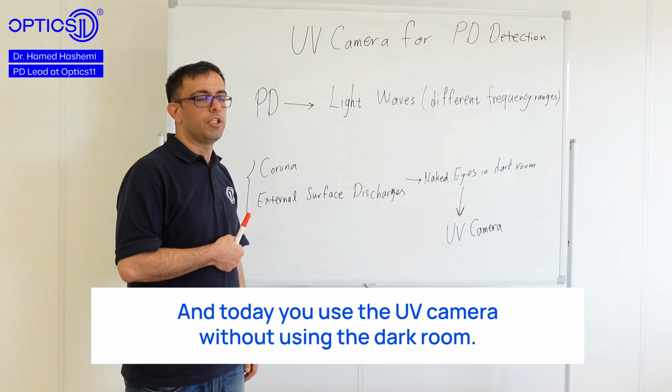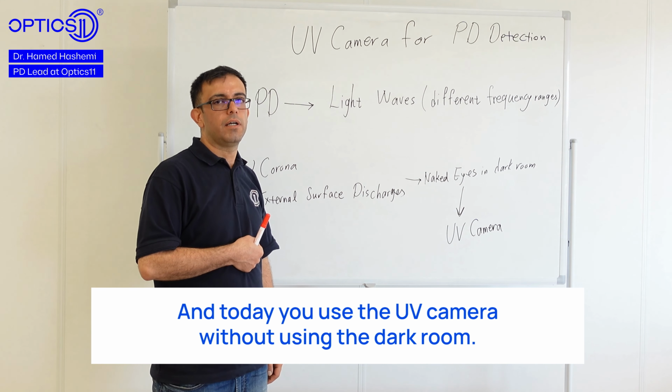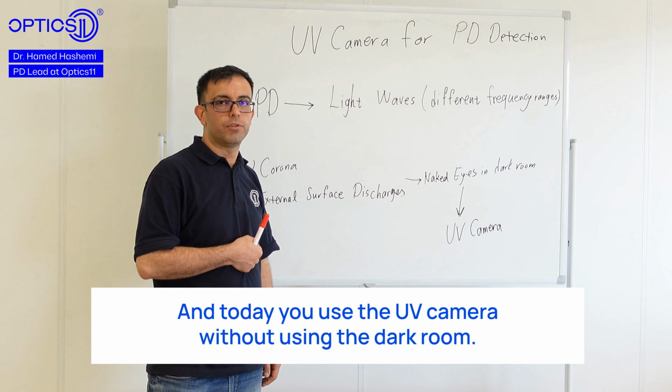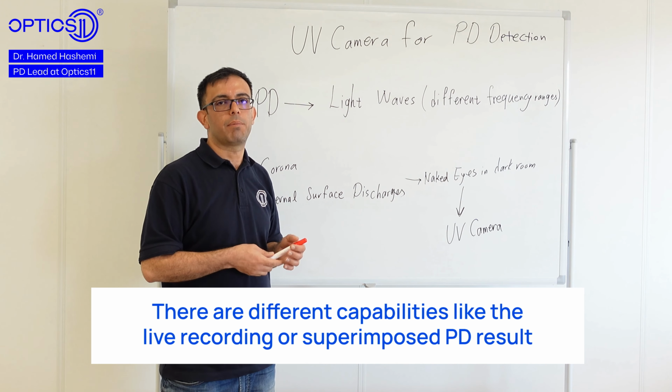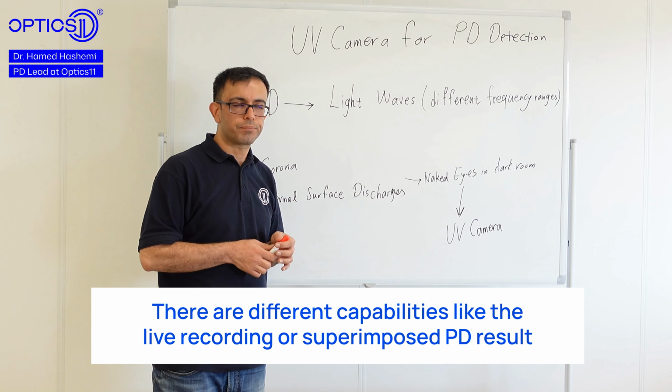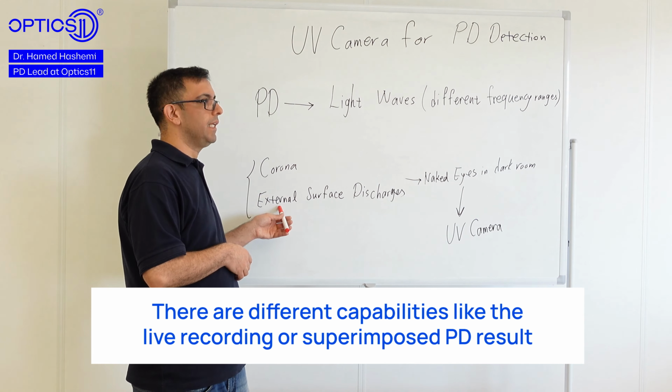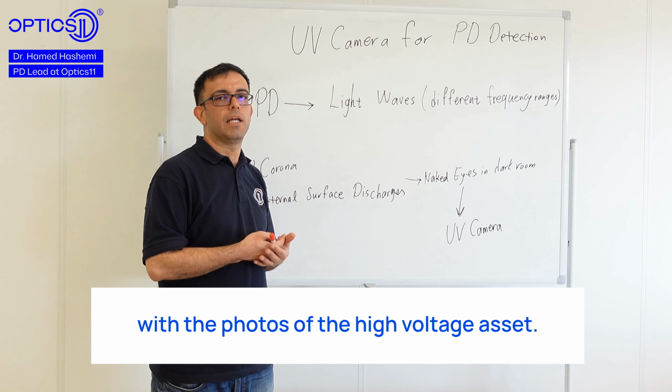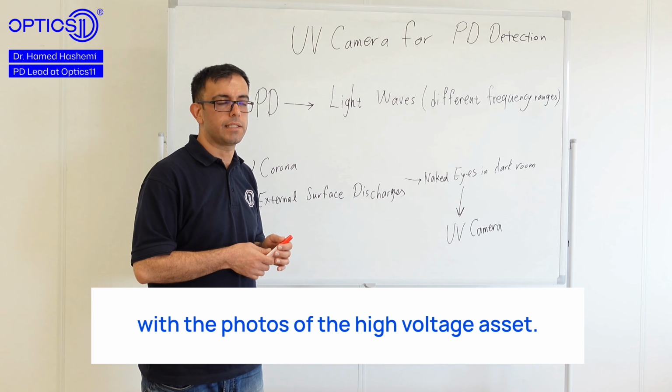And today, you use the UV camera without using the dark room. There are different capabilities, like live recording or superimposing the PD result on photos of the high voltage asset.